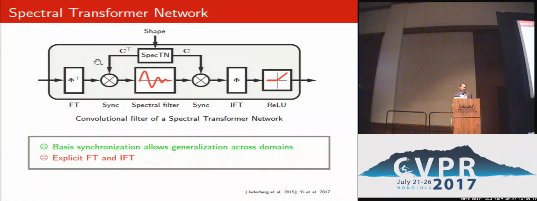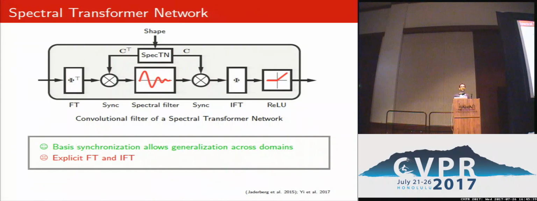Here this transformation is applied in the spectral domain, in the k-dimensional space of Laplacian eigenvectors. That was a work again from the Stanford group that was presented here at this conference a few days ago, and it solves the problem of lack of generalization across different domains.